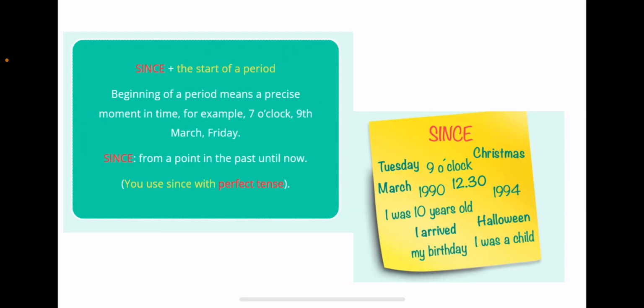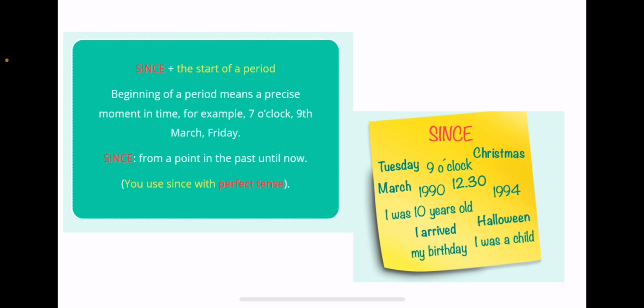There is another word, and that word is since. Careful with the pronunciation, it's since. And since does not indicate a period of time. Since indicates exactly when the activity started in the past. Okay, so it indicates the beginning of a period with a precise moment in time. So we combine since with specific phrases or words that indicate times.